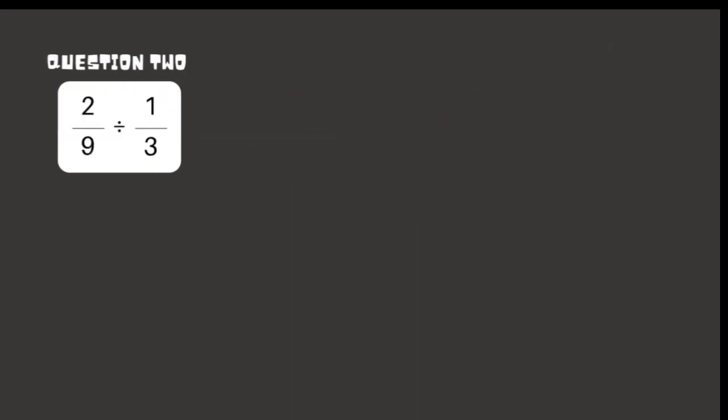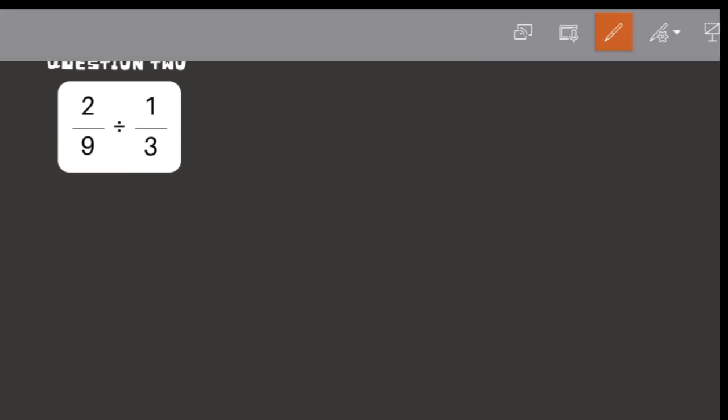Next, we have question 2, which is division. In division, we need to reciprocate, right? And then change it into multiplication. So what it's going to be is 2 times 3, and then it's going to be 9 times 1. So 2 times 3 is equal to 6, and 9 times 1 is equal to 9. 6 over 9.